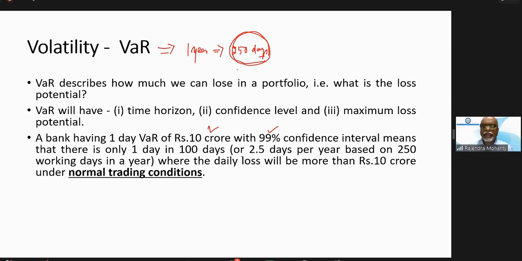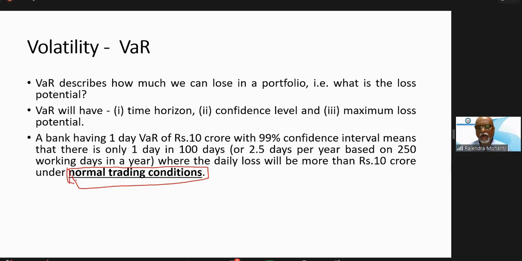So worldwide, the concept of VaR for 1 year is 250 days only. So if 99% confidence level means 1 day in 100 days, and a year has 250 days, that means only 2.5 days, or we can convert it to 3 days. So on 3 days, the daily loss will exceed 10 crore under normal trading conditions.